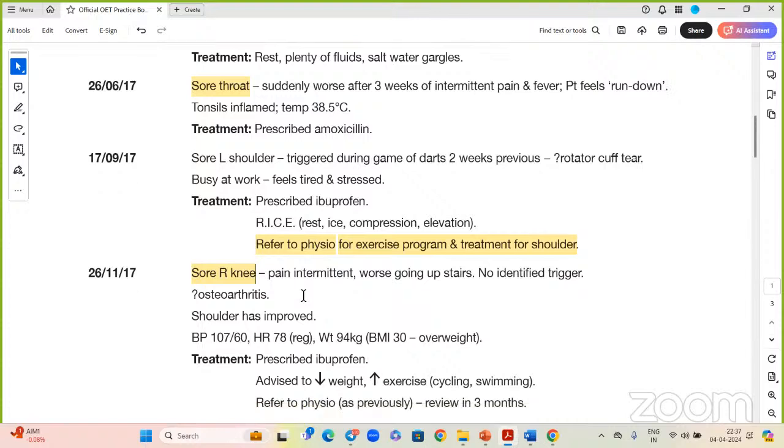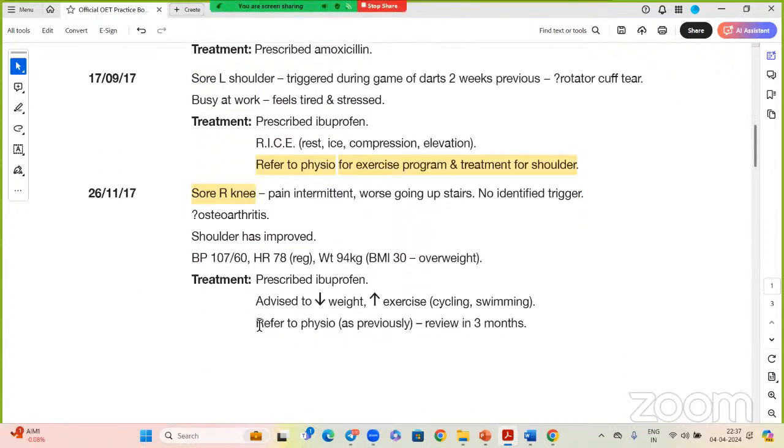Again, refer to a physio, same as before. Review again in 3 months' time. So first refer to a physiotherapist. So after 2 months, again sore knee, pain going upstairs. So shoulder has improved.